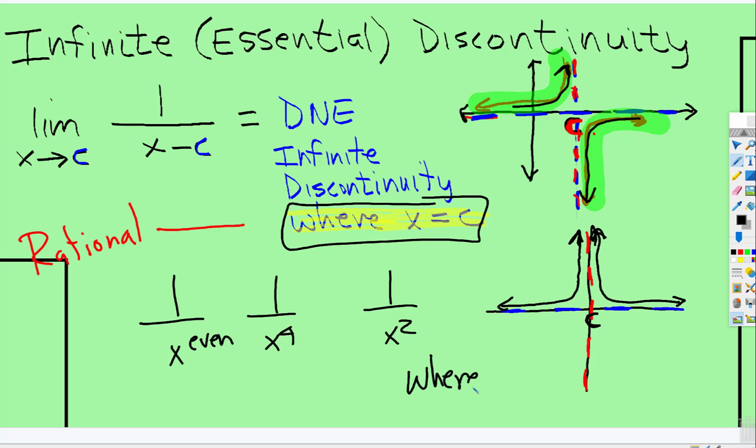Again, the key part is where x is equal to whatever c value. In this case, this is 0. So where x is equal to 0, it is essential discontinuity or infinite discontinuity.